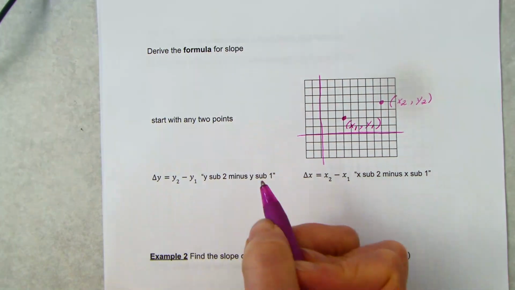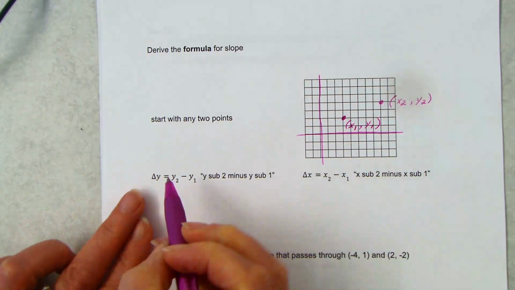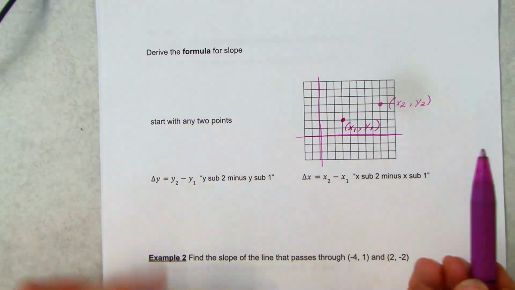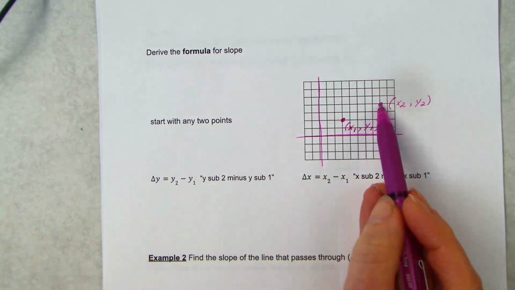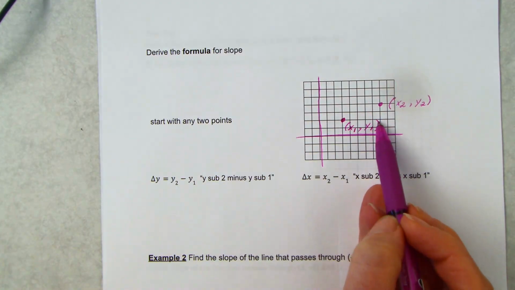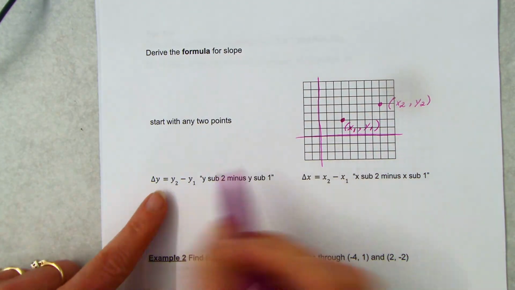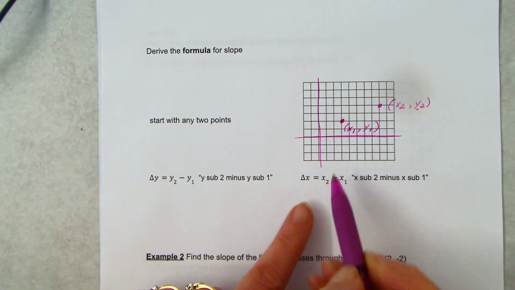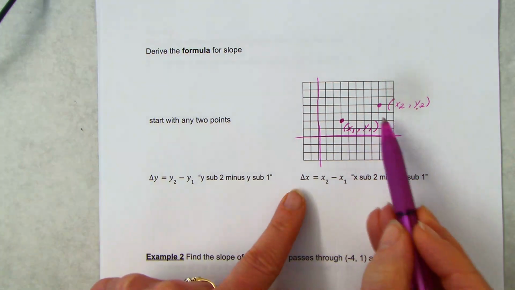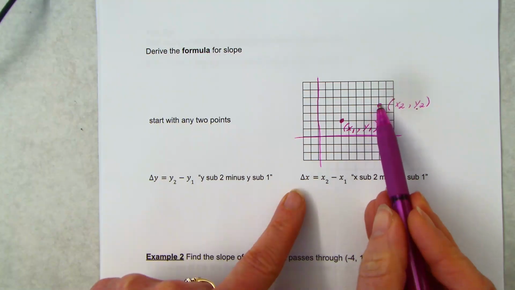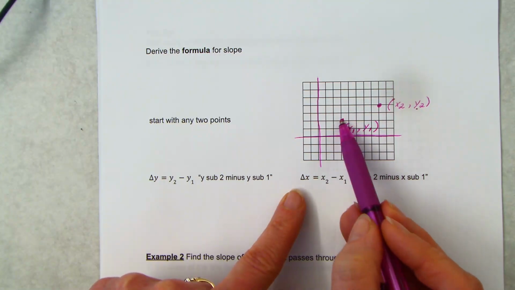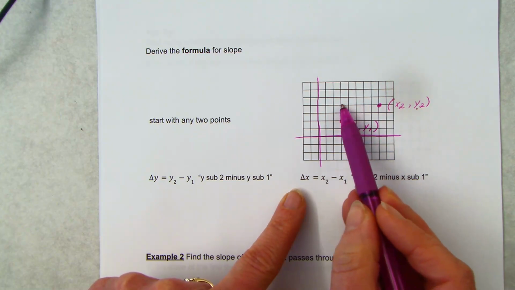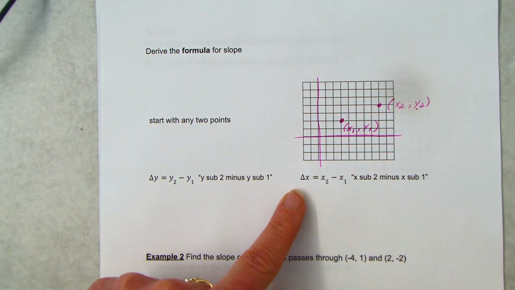And we'll do the change in the y value. If you want to find how much y changed from here to here, we do the second y value minus the first y value. And if I want to find out how much my x value changed, I'm going to take my second x and subtract the first x value, so x2 minus x1 will tell me how much that changed.